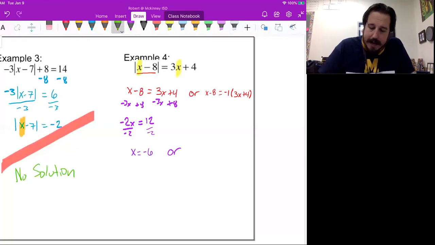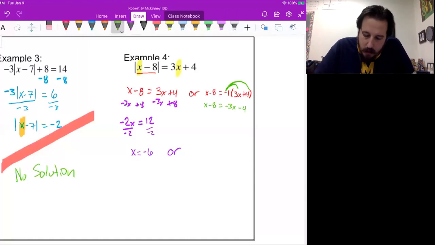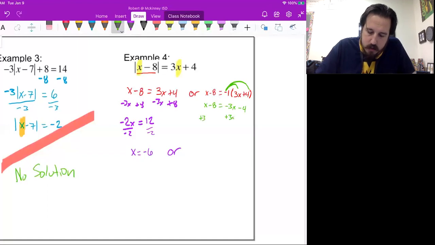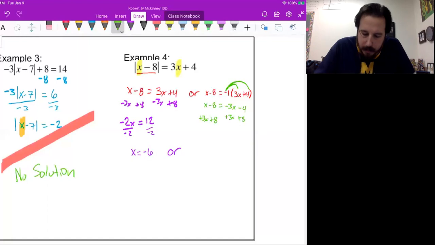For this, I need to distribute that negative to both the 3x as well as the 4. So I have x minus 8 equals -3x minus 4. I now add 3x to both sides and add 8 to both sides, so that I'm moving all my x's to one side, non-x's to the other.